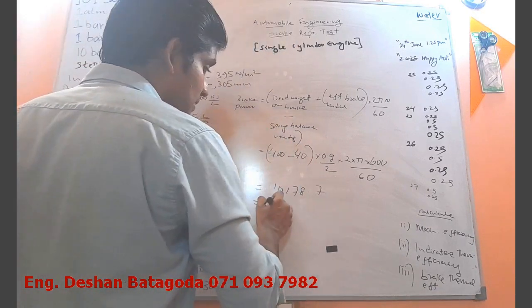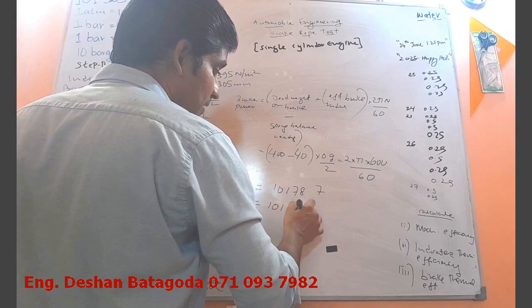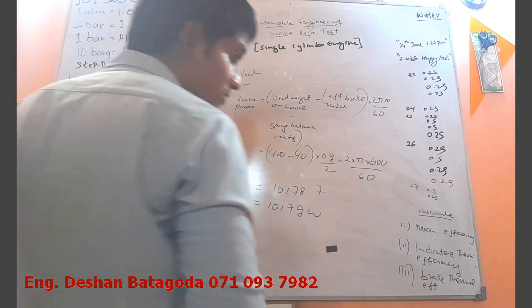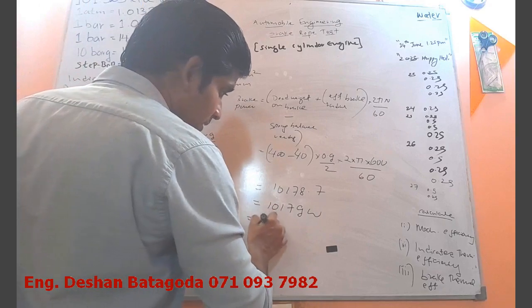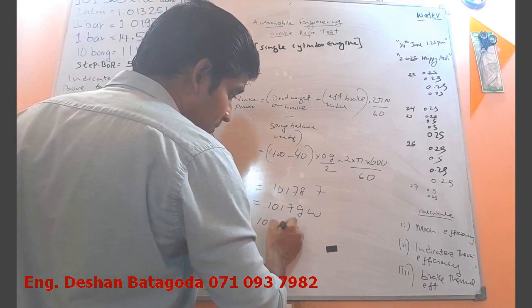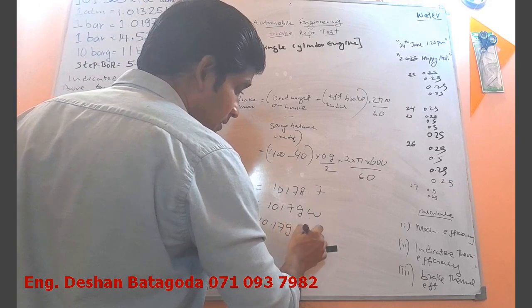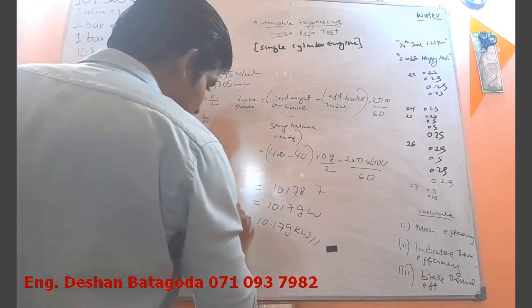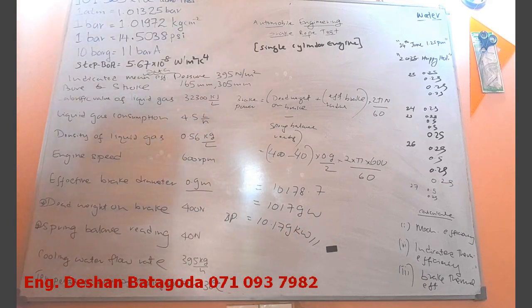So we can consider it as 10,179. The answer will come in watts, so it will be 10.179 kilowatts. What is this now? This is the brake power. So now brake power is calculated.